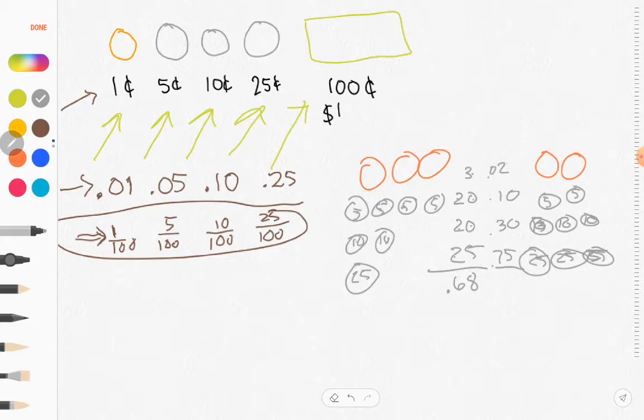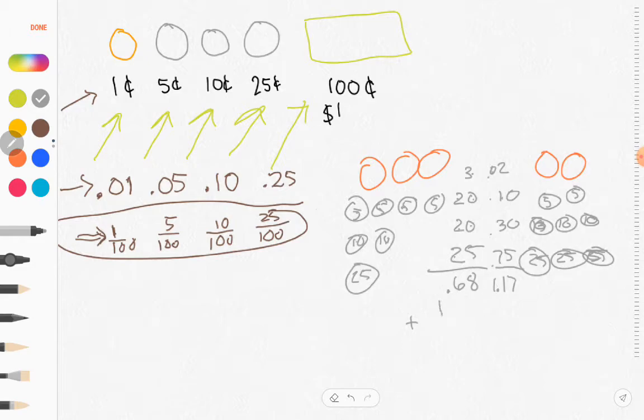If we add those up, we have 2 plus 5 is 7. And then 1, 4, 4 plus 7 is 11. Alright, that means I have $1.17. When we add these together, I want you to add them together using the decimals, not the coins.